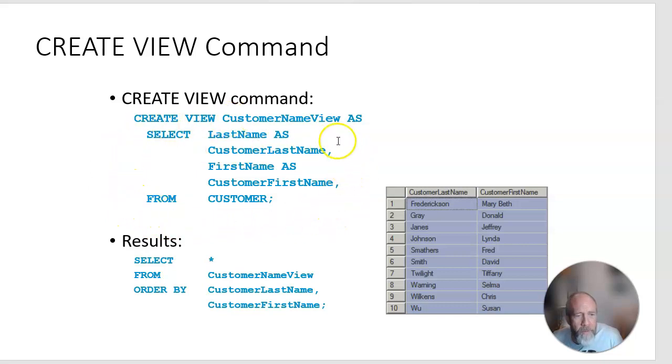The view is the result of running this specific select statement. Then, when you want to actually see the view, it's select star from the view, and then you can use the order by, and you can order it by the last name or the first name.